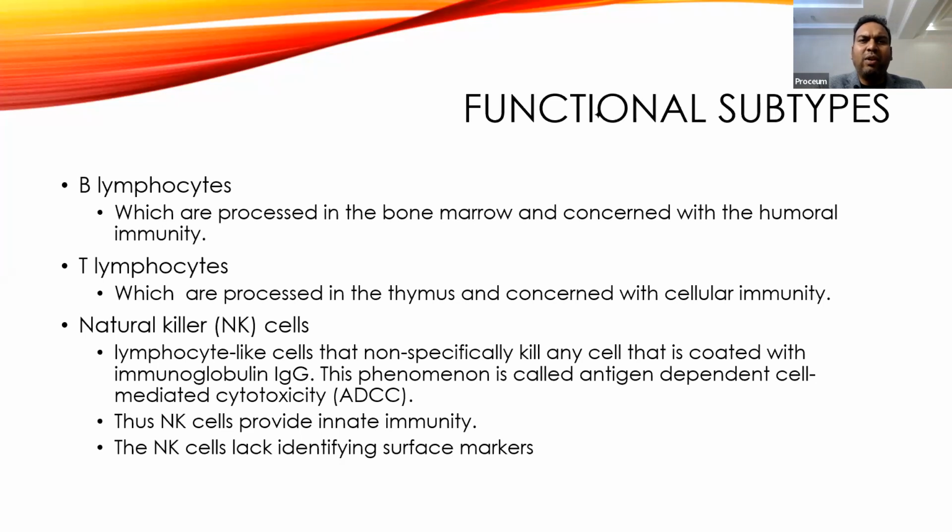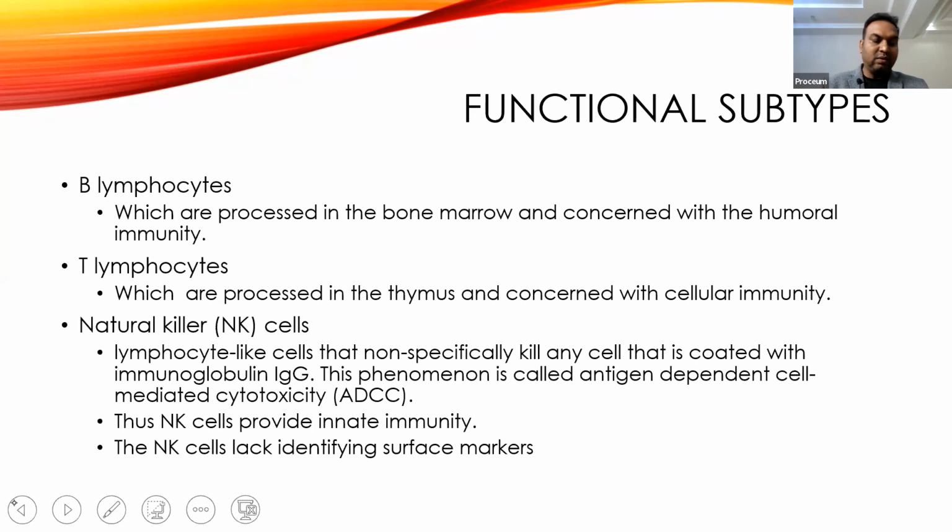They have a natural habit of killing cells, unless a cell has a tag which says not to kill me, and that tag is the presence of MHC molecules. Whenever a natural killer cell finds cells lacking MHC antigens, it will try to kill those cells. So they provide good immunity against virus-infected cells and also tumor cells.